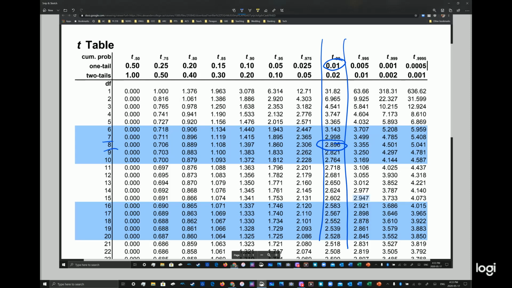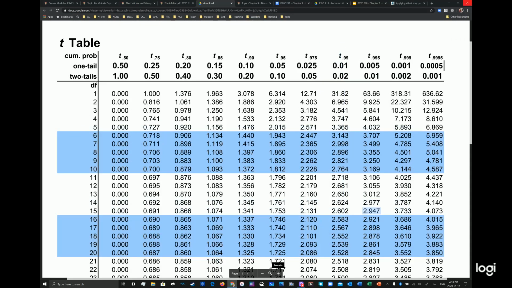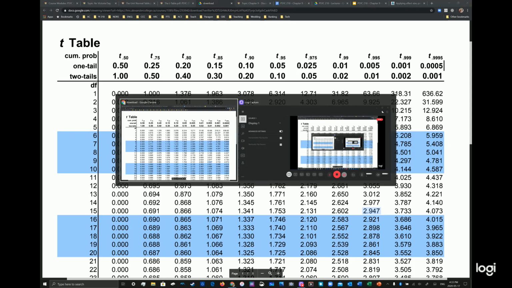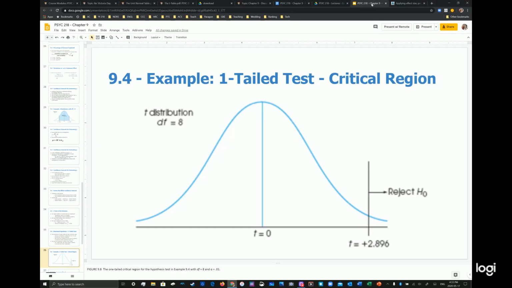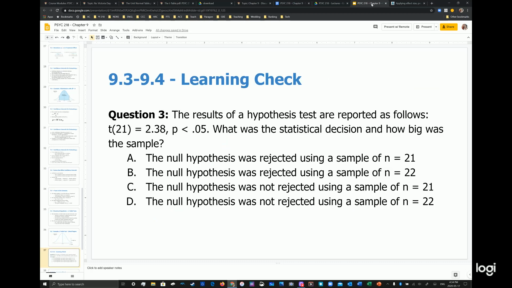So alpha is at 1% here, one tail. So you can remember and think back that in a one-tail test, the alpha is going to be twice as large as it would be in a two-tail test, because again, a two-tail test would have alpha split in half.